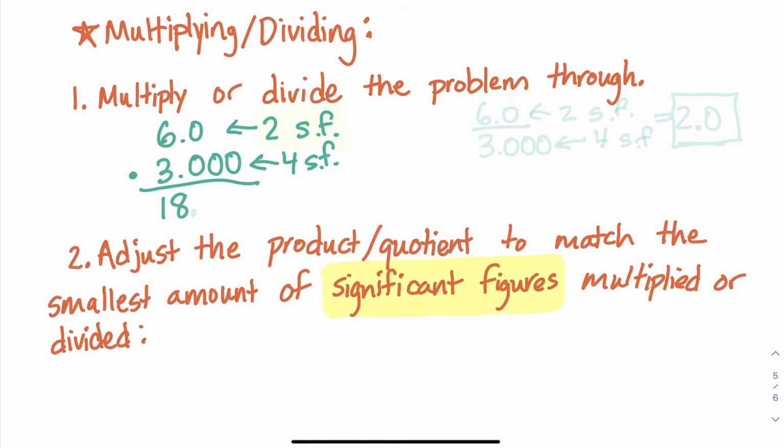Therefore we want this 18 to have the same number as the smallest amount of significant figures we have multiplied, and that would be 2 significant figures.